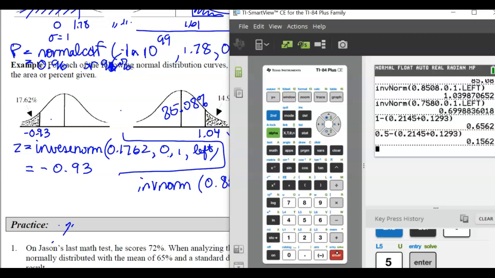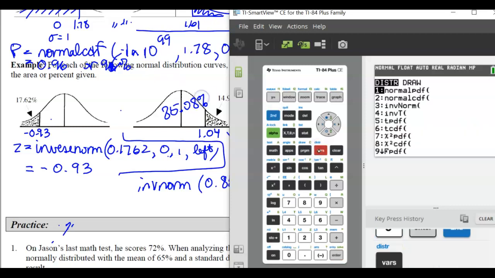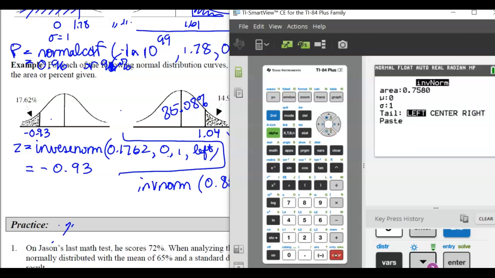So that's 0.1562. Then normal distribution. So now we're doing inverse norm again. Okay. Area is 0.1562, from the left.